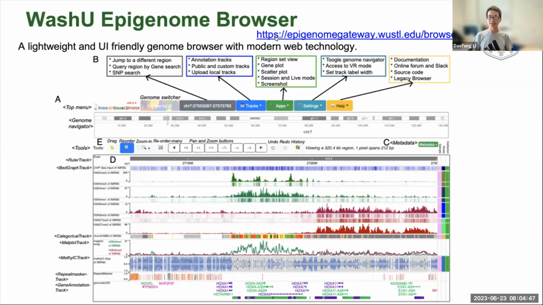Then the middle part is the display of different types of tracks in different display modes, like heat maps, wiggle style, color bar, line plot, etc. Along with this, some tools and a color metadata map are provided as well for you to configure your visualization.